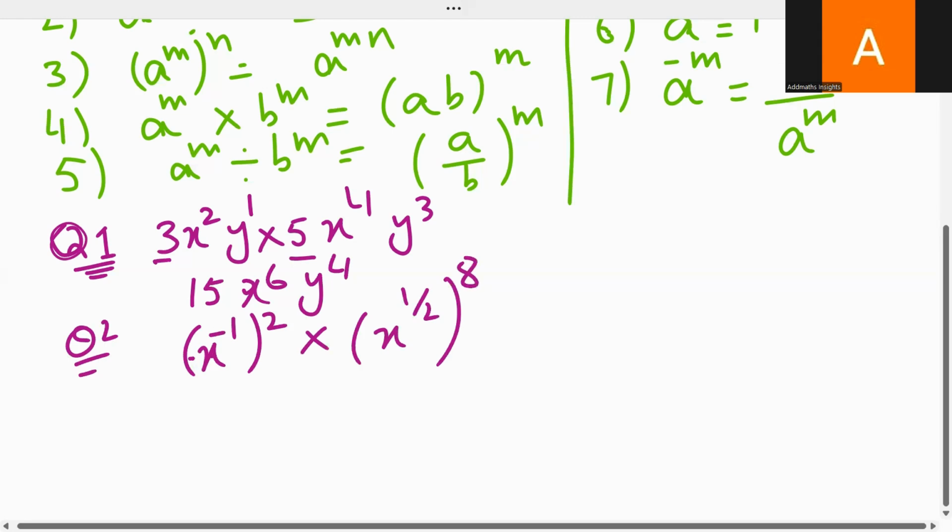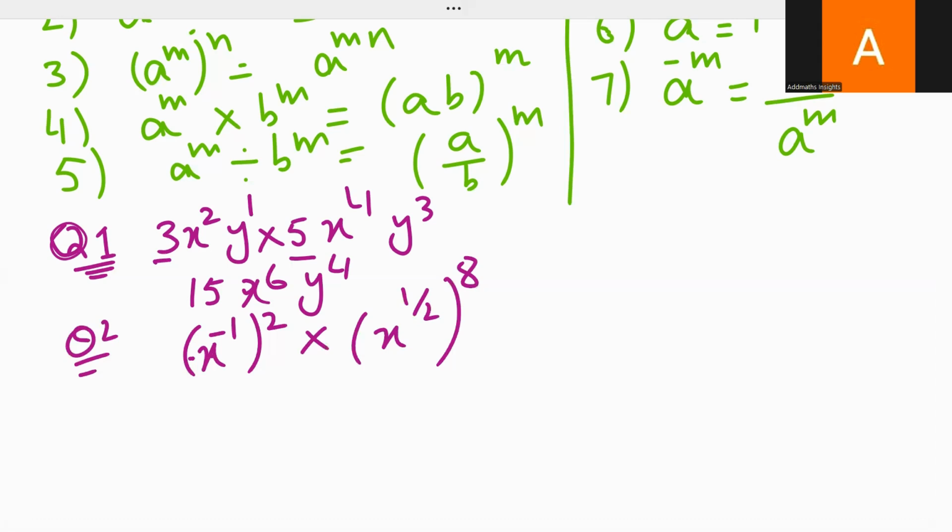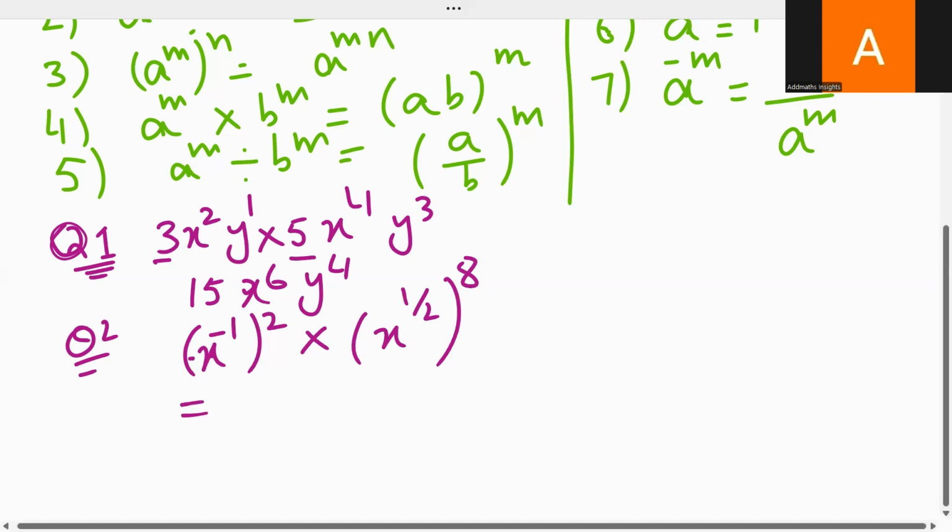Now you are going to apply the third law, and we multiply -1 with 2, and then you get x raised to the power -2, times, and when you multiply 1/2 by 8, you simplify and get 4. Now further simplification is possible because the bases are the same, so you can add indices. So you will write here -2 plus 4, and -2 plus 4 is 2, so x squared.